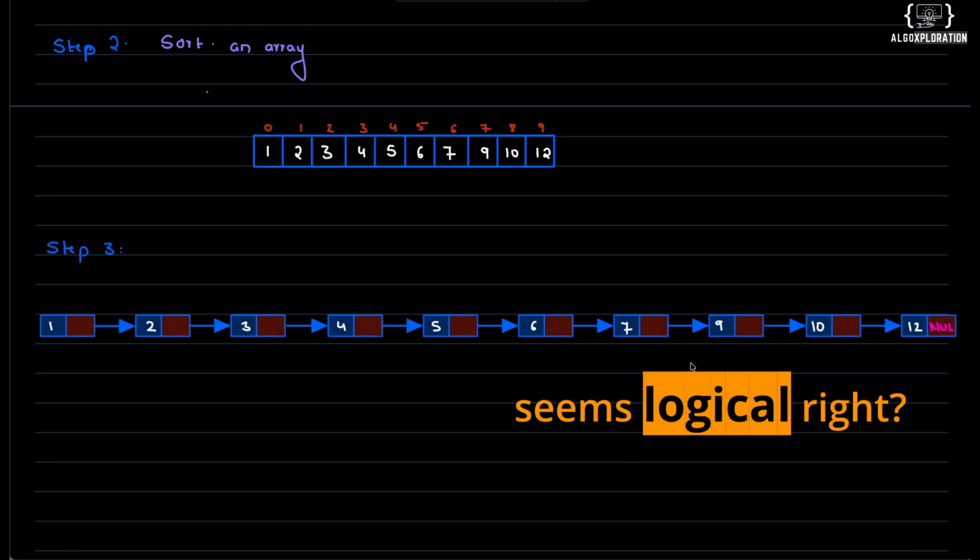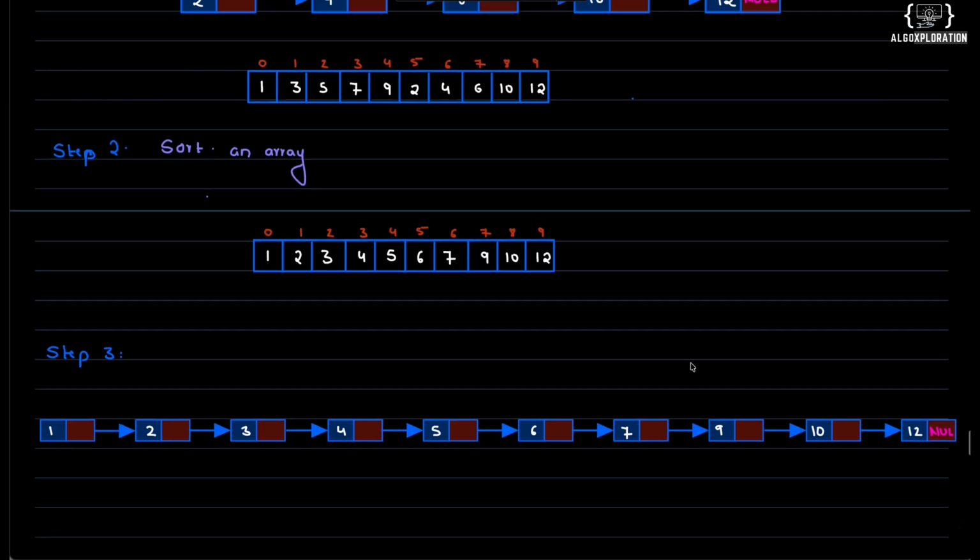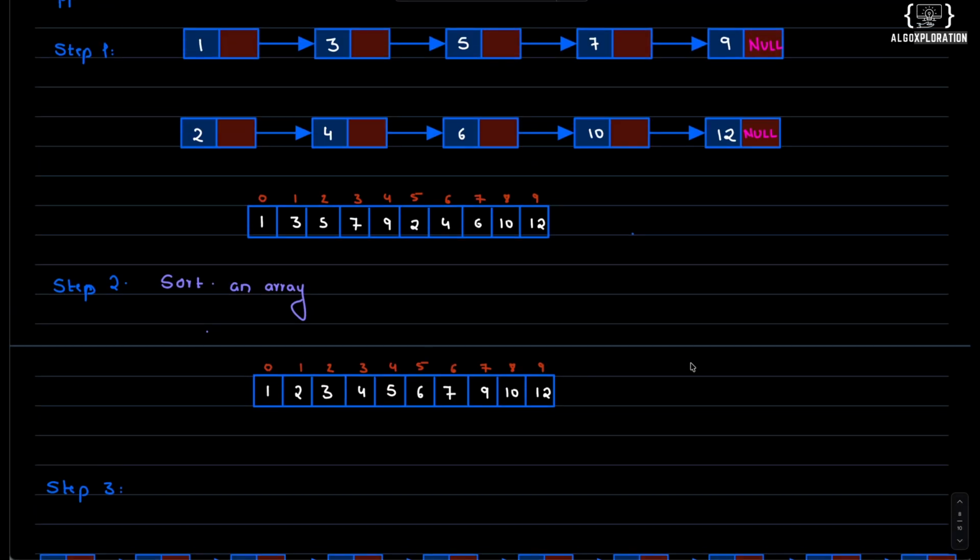Seems logical, right? But look at this. Here the time complexity is very huge. Why? First, they copy both linked lists into a single array, so the time complexity would be n plus m.